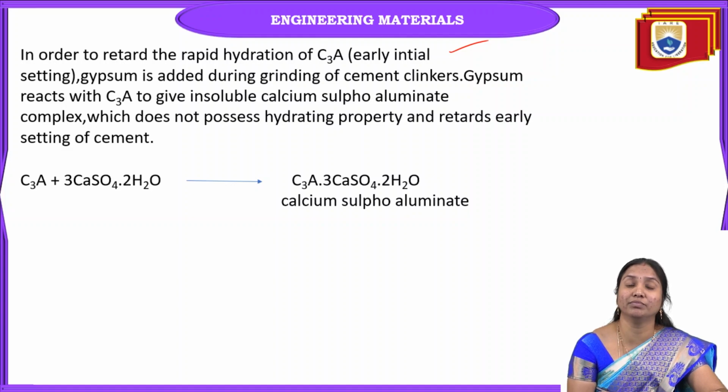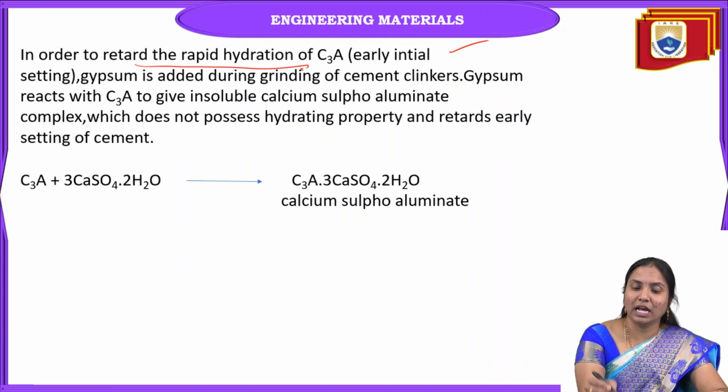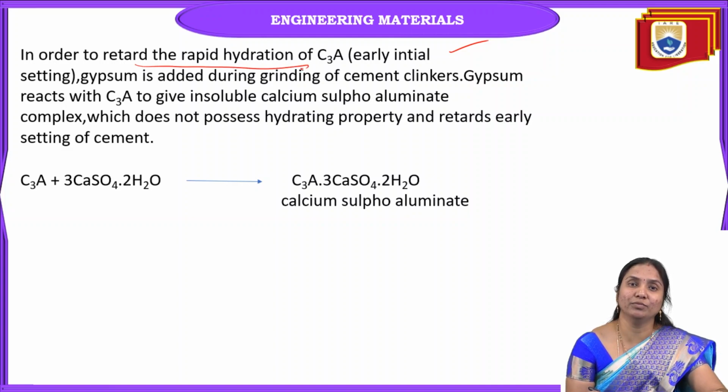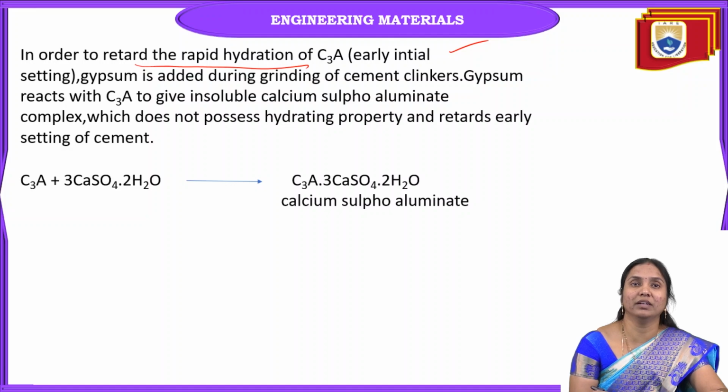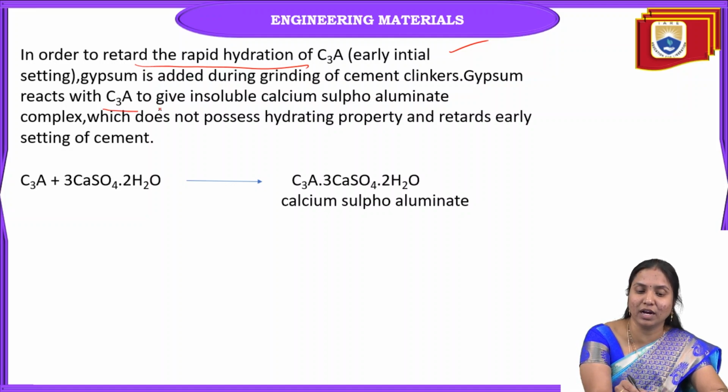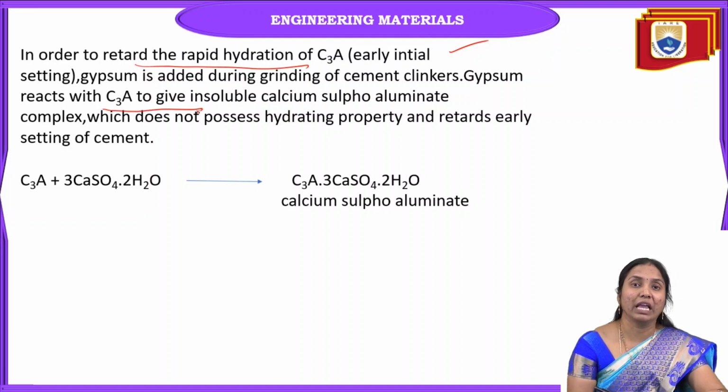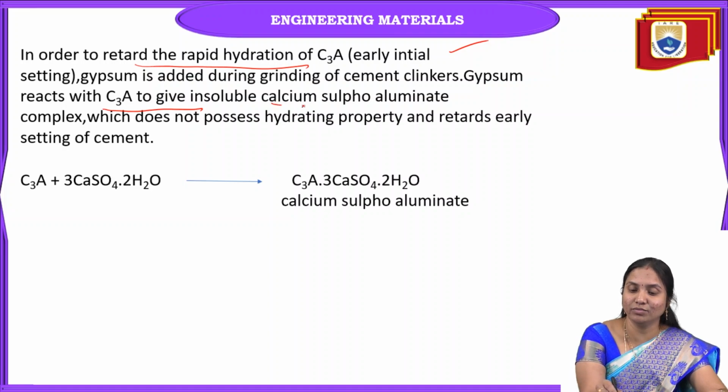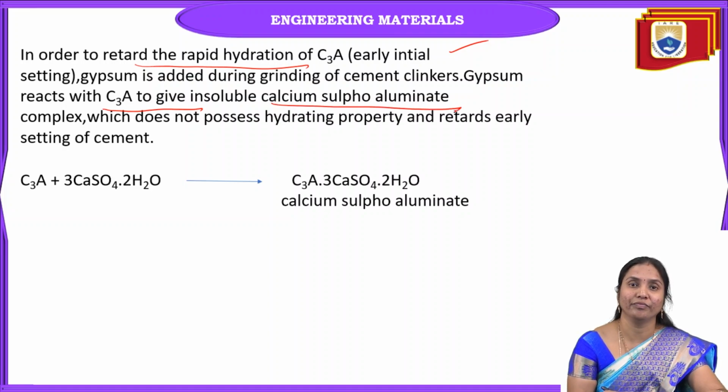Gypsum acts as a retarding agent to avoid the quick setting of cement. To retard the rapid hydration of tricalcium aluminate, that is early initial setting, gypsum is added during grinding of cement clinkers. Gypsum reacts with tricalcium aluminate to give insoluble calcium sulfoaluminate.